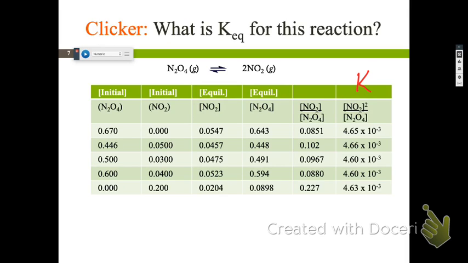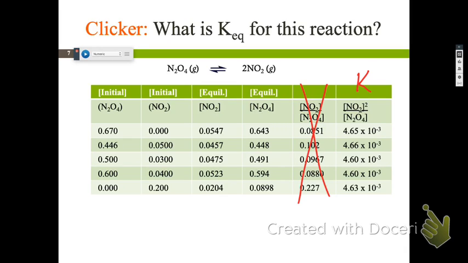And this column right here, if we forget the stoichiometric coefficients, gives random numbers, right? So this is a useless column. It gives us no information. It's not about the ratio between products and reactants. So basically, we start with only reactants in the first trial. We start with a lot more reactants than products in the second one.